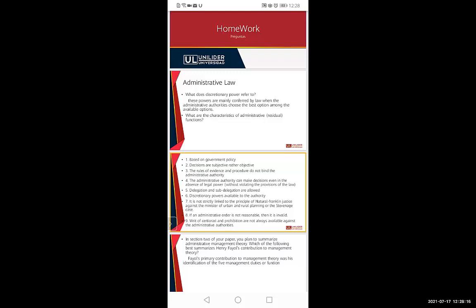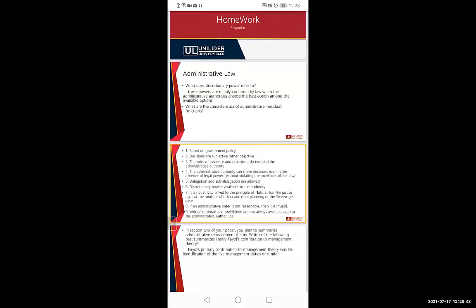discretionary powers, I believe, the authority. Number 7, it is not squarely likened to the principle of natural justice used against the Ministry of Urban and Rural Planning or the Stevenage case.